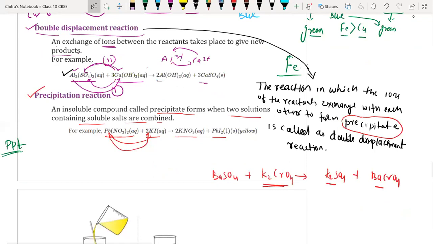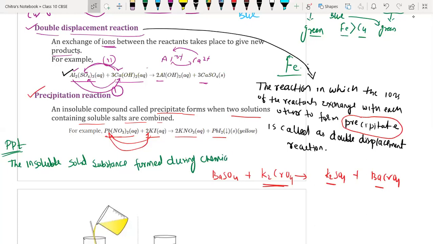See, precipitate: the insoluble solid substance formed during a chemical reaction is called precipitate.